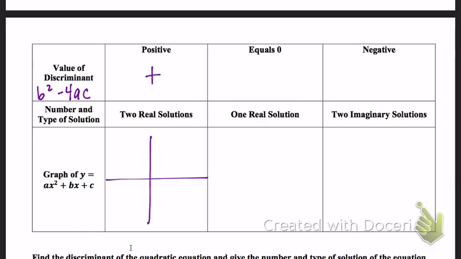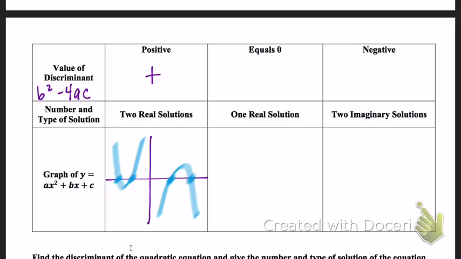So my graph is going to intersect the x-axis at 2 points, like this, like this. It's going to intersect the x-axis at 2 real numbers. Now it can have radicals, it can have square roots, things like that. That doesn't matter. But you don't have any imaginary numbers is what that means.